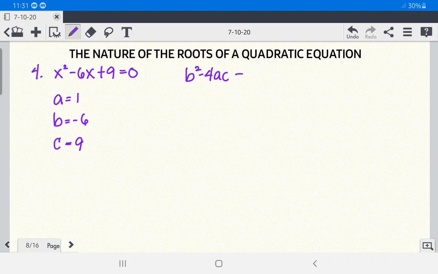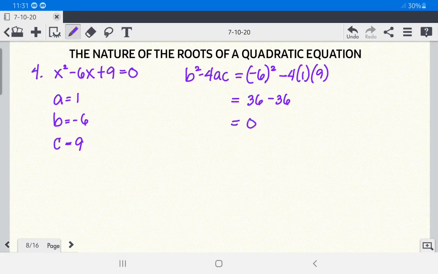We have b is negative 6, square it, minus 4 times 1, the value of a, times 9, the value of c. Then we have negative 6 squared, we have 36. Negative 6 times negative 6, 36. Then negative 4 times 1, we have negative 4, times 9, we have negative 36. Then 36 minus 36, we have 0.